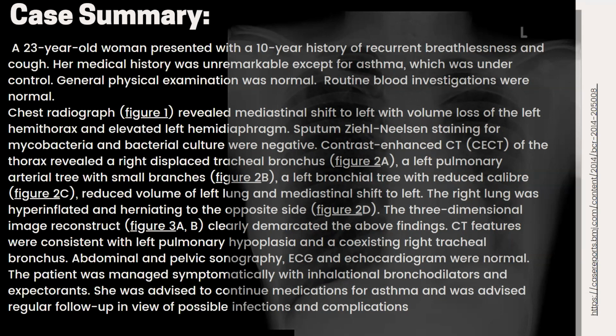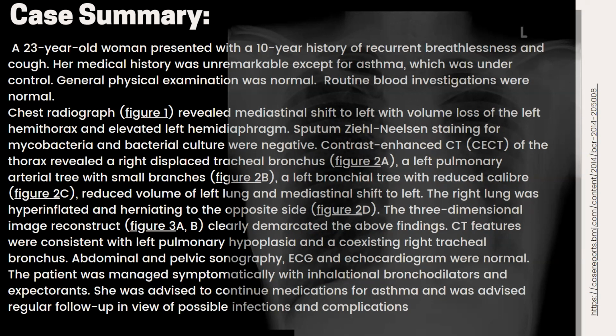Contrast-enhanced CT of the thorax revealed a right displaced tracheal bronchus, a left pulmonary arterial tree with small branches, a left bronchial tree with reduced caliber, reduced volume of left lung and mediastinal shift to left. The right lung was hyperinflated and herniating to the opposite side. The three-dimensional image reconstruct clearly demarcated the above findings.